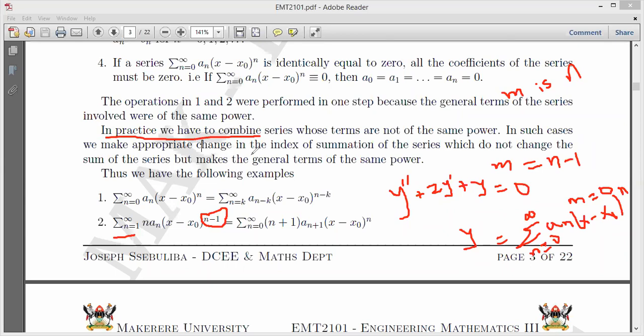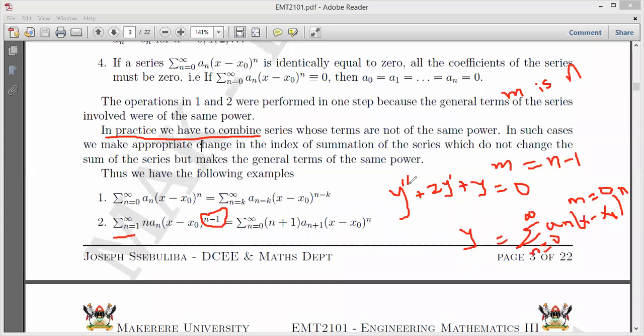Perhaps you are not following, young lady. In practice, if we have to combine the series, because now these series are already combined, there is nothing uniform about them. Why? This one was initially to the power n, but when you differentiate this, the power is going to be n minus 1, and you will be summing from n equal to 1.